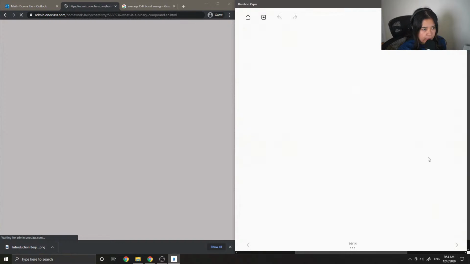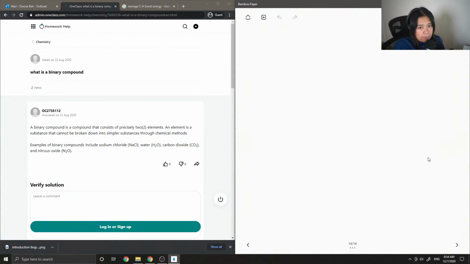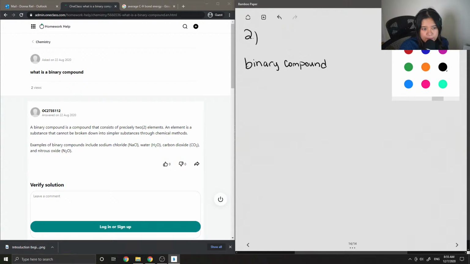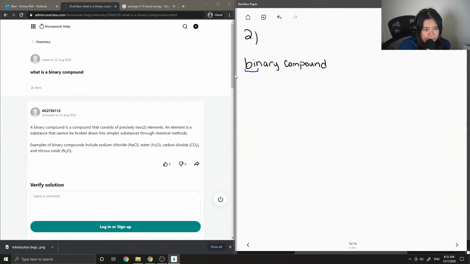Okay, so we can move on to question number 2, which is what is a binary compound? Okay, so even just trying to analyze the word, it has a prefix of bi, which can stand for 2. So this kind of gives us a hint of what a binary compound is.